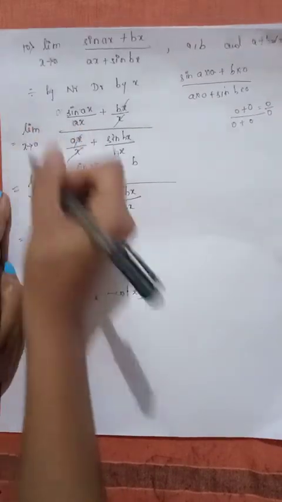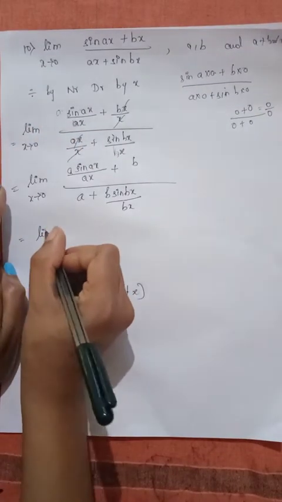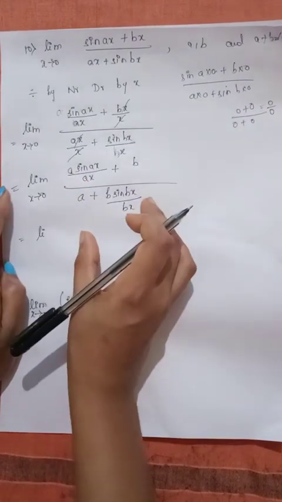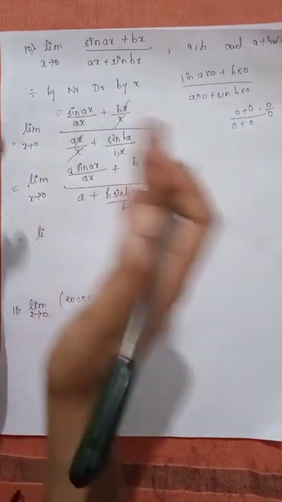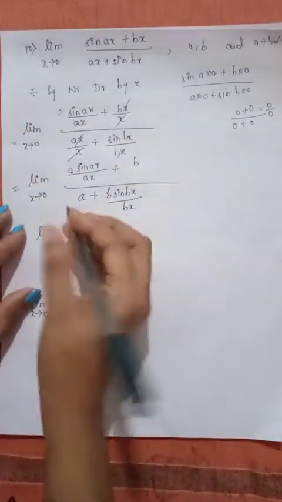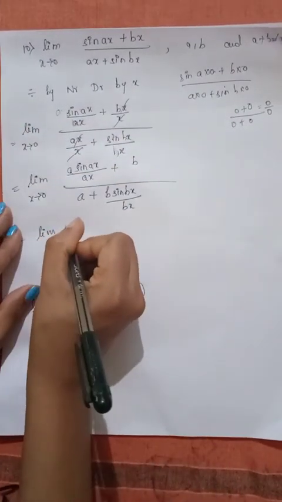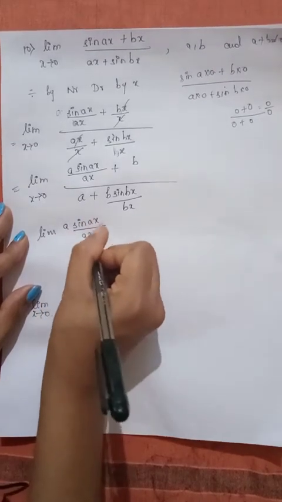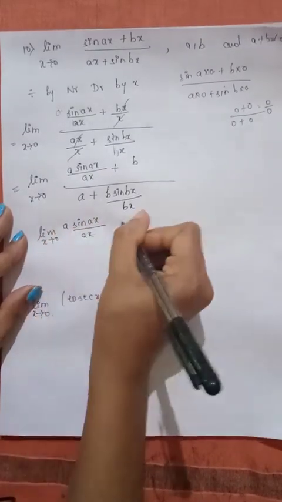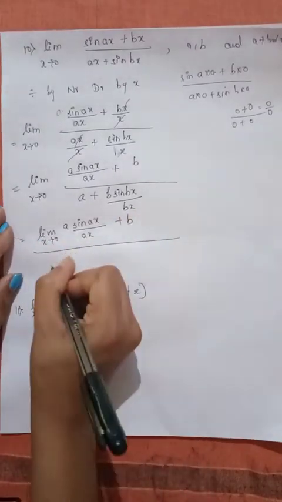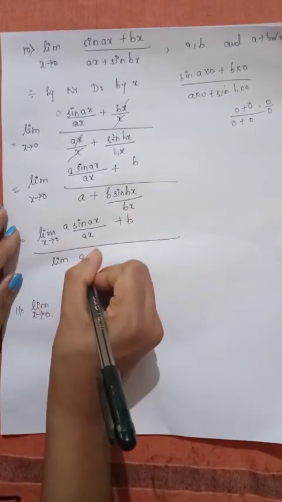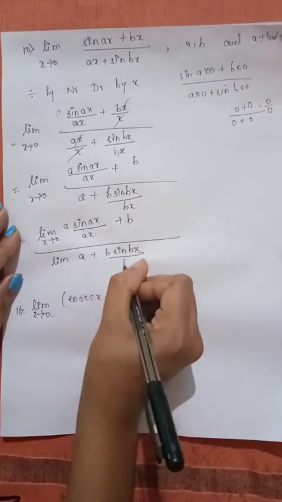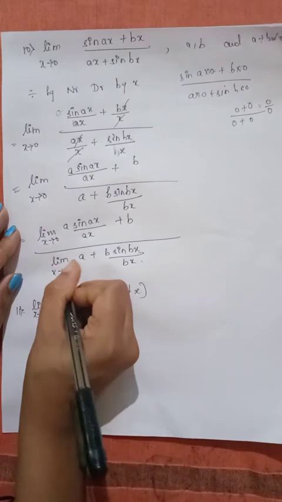Okay, so what does it become? Now as you can see, we have two parts. One is the numerator and one is the denominator. When you have something like this, you have to find the individual limits and then you have to divide. So it is limit of a sin ax divided by ax as x tends to 0 plus b, divided by limit of a plus b sin bx divided by bx as x tends to 0.